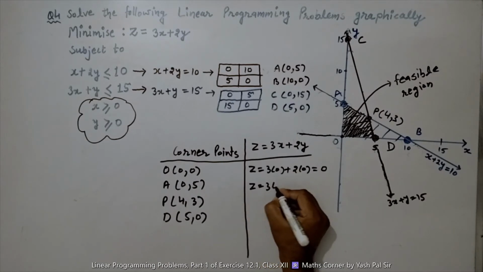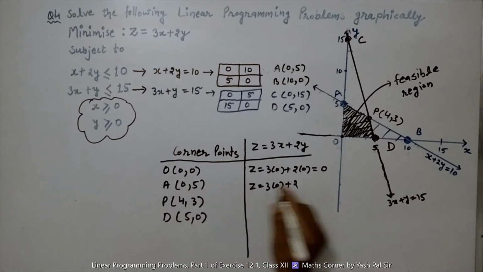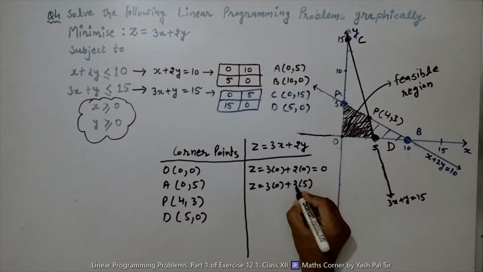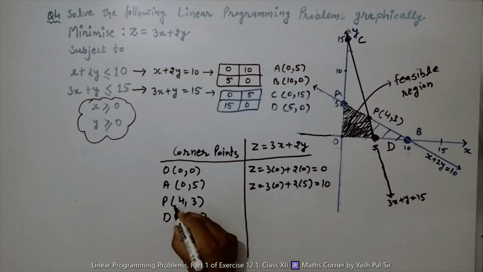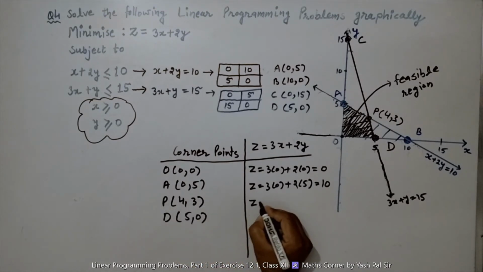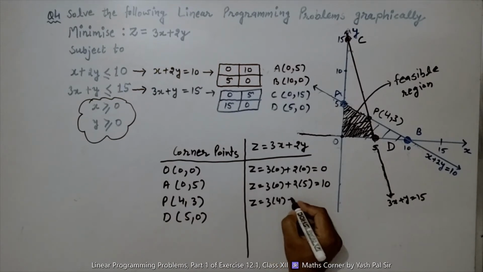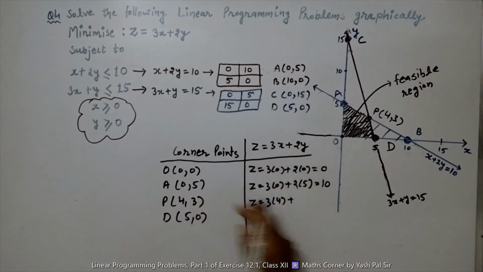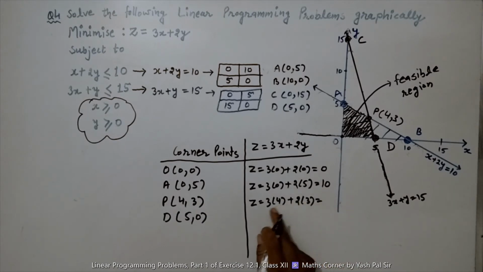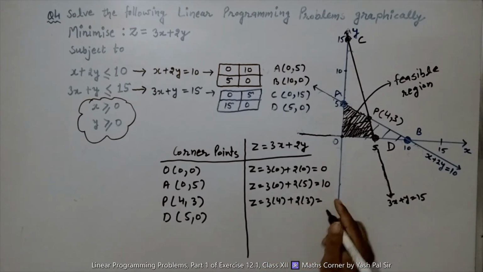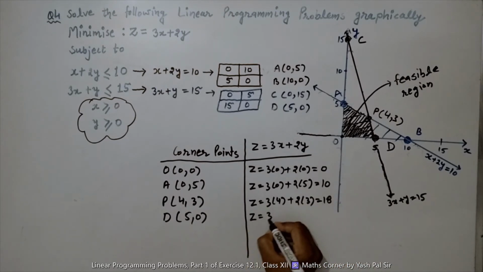Second time z is equal to 3 into 0 plus 2 into 5, so this becomes 10. Third time z is equal to 3 into 4 plus 2 into 3, so this becomes 12 plus 6, 18.